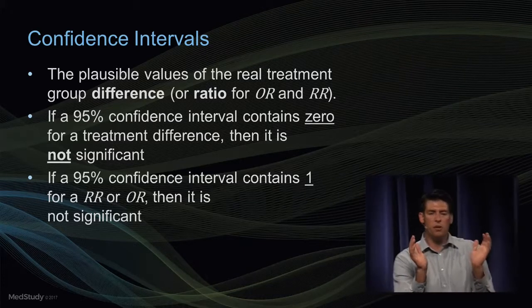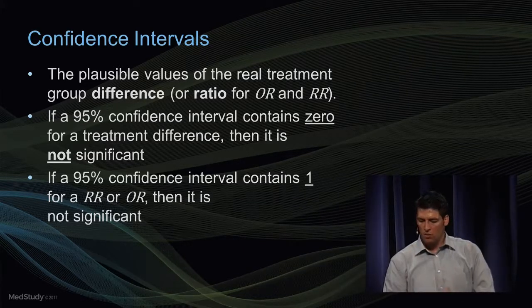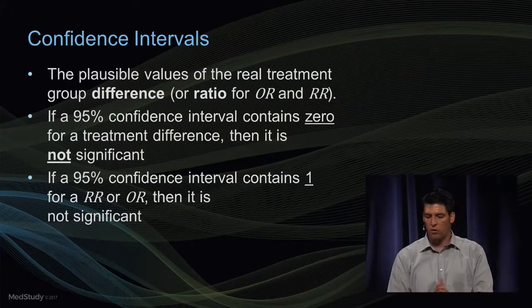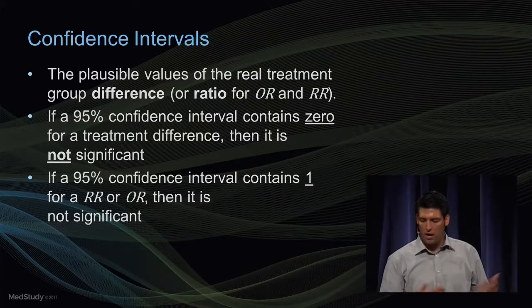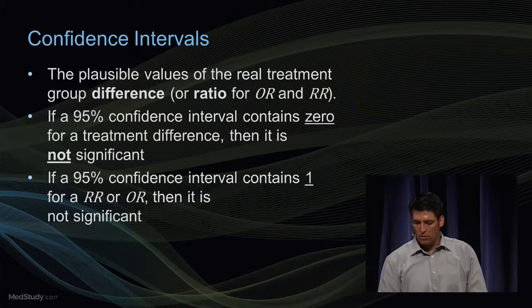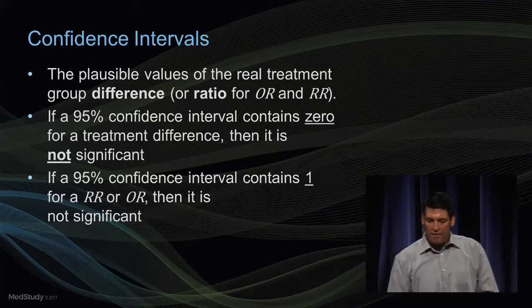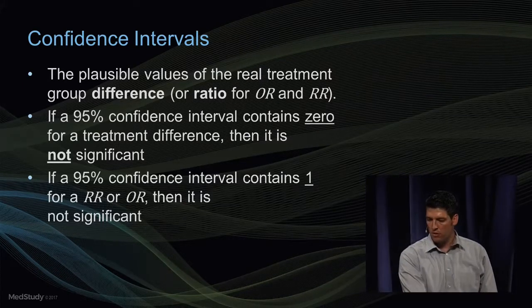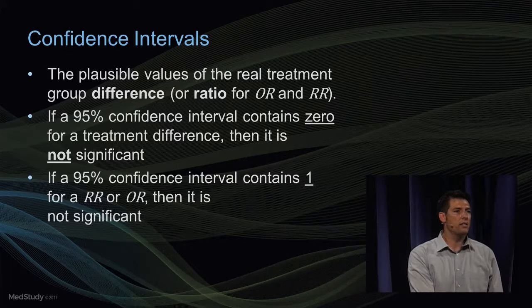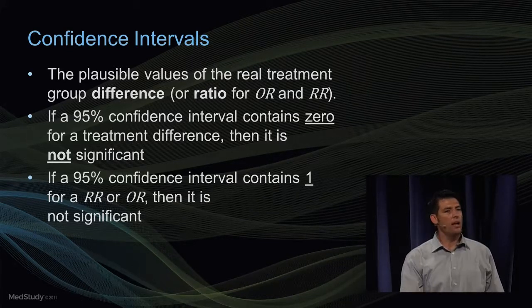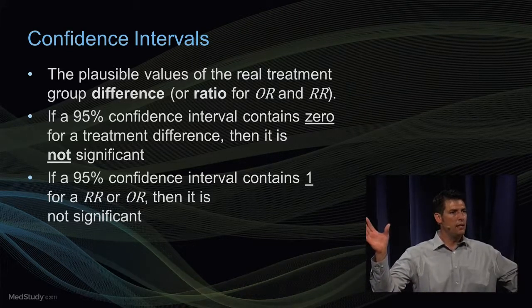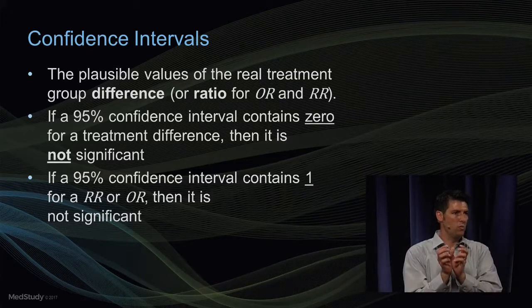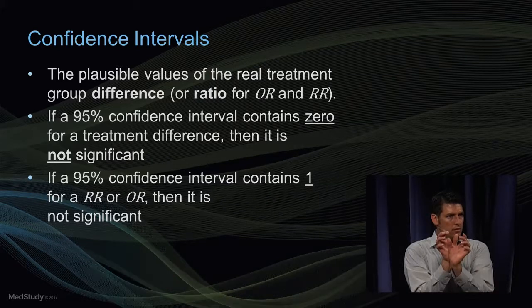It contains these plausible values, right? And like I said, this could be for group differences or for odds or relative risk ratios. If a 95% confidence interval contains 0 for a treatment difference, then it is not significant. That tells me that group A and group B, the difference between the means may be 0. They may overlap. Right?